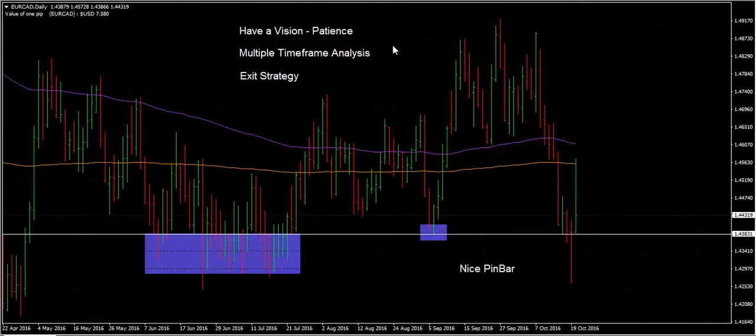So, for example, if you want to trade a daily chart, you should use weekly support and resistance levels. If you're trading a 4-hour chart or an 8-hour chart, you should use daily support and resistance levels. And so on and so forth.